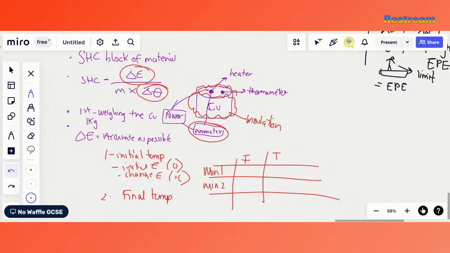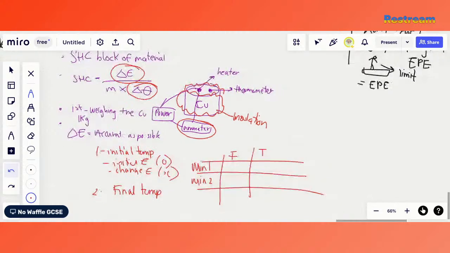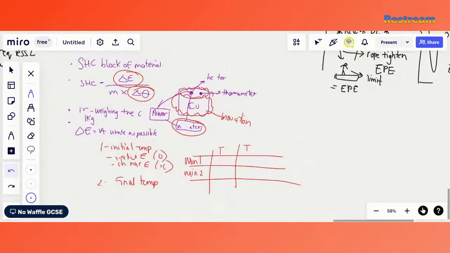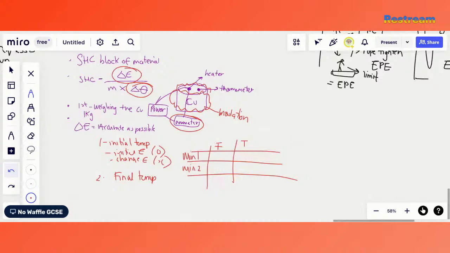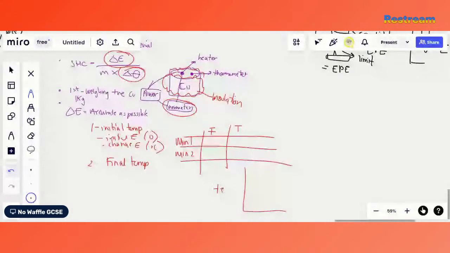And the mass is going to be constant throughout the whole thing. And then you can eventually work out the specific heat capacity using some calculations. So the y-axis would be the temperature, and the x-axis would be the energy transferred. And the graph should look something like this. So as the energy transferred increases, the temperature increases.